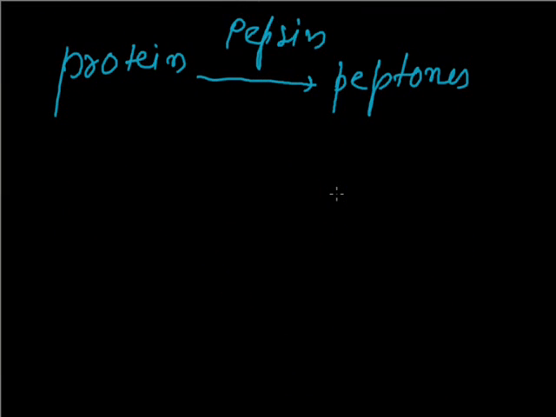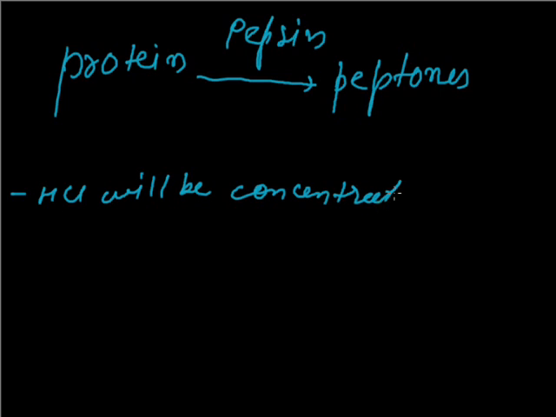In the stomach, HCl will be concentrated. It means its pH can be quite harmful to us. So we should have some arrangement to protect our stomach from this concentrated HCl.